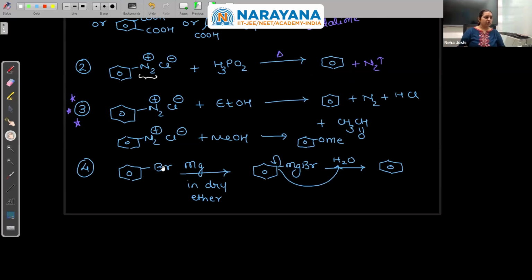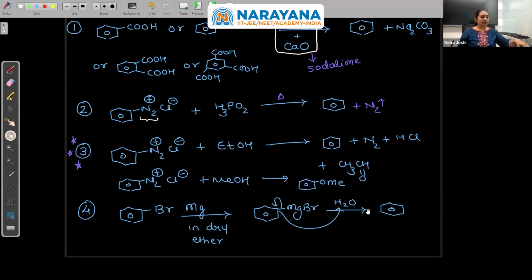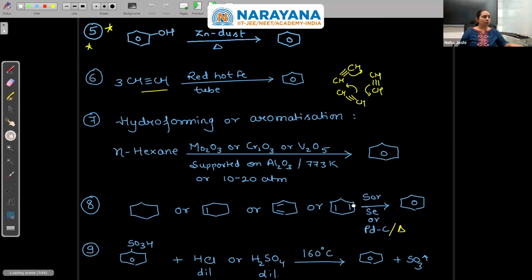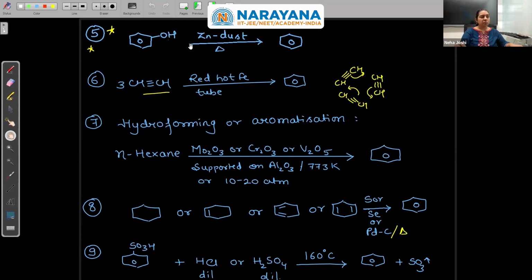Fourth method is with Grignard. We can have formation of Grignard, and then Grignard on addition of water will form benzene. That is a common source, common methods. All are known to you, I assume. Very, very important for us that phenol to benzene direct conversion in a single step is by zinc dust, and in this process zinc becomes ZnO.